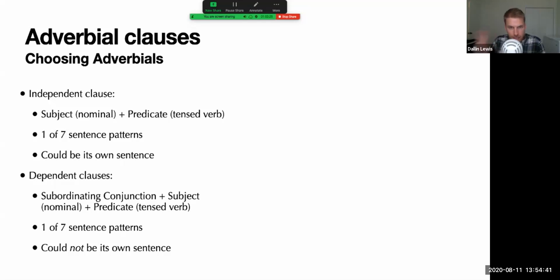So notice that distinction between a coordinating conjunction and a subordinating conjunction. A coordinating conjunction is to coordinate 2 independent clauses, 2 possible sentences, into one sentence. A subordinating conjunction is to make one clause dependent on another independent clause, such that it could not be a sentence on its own.